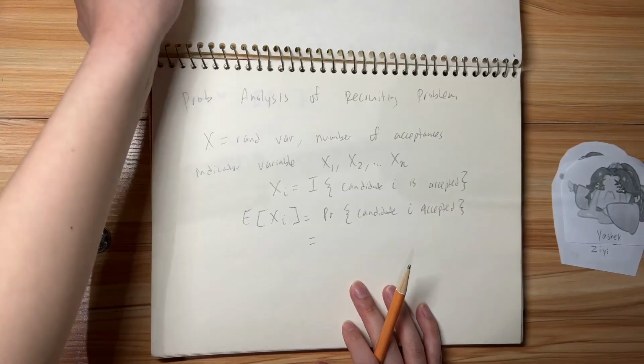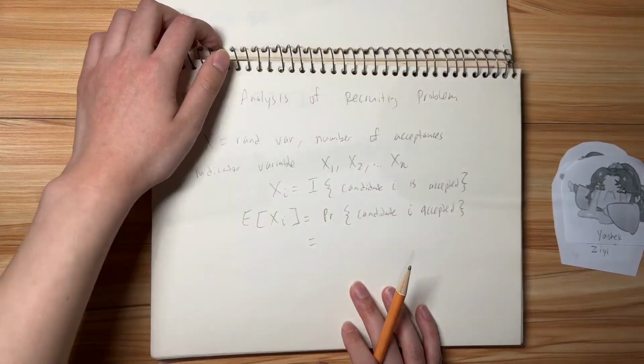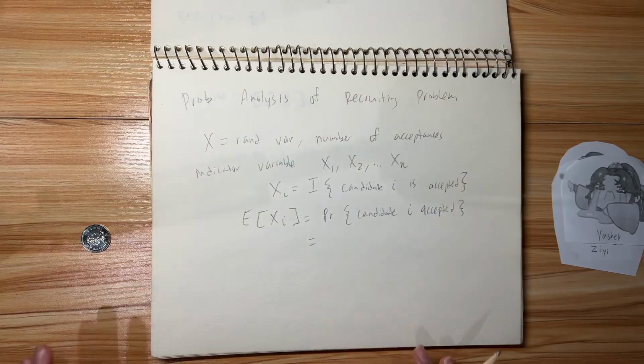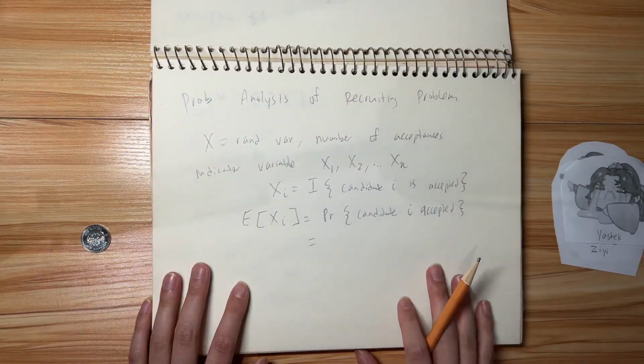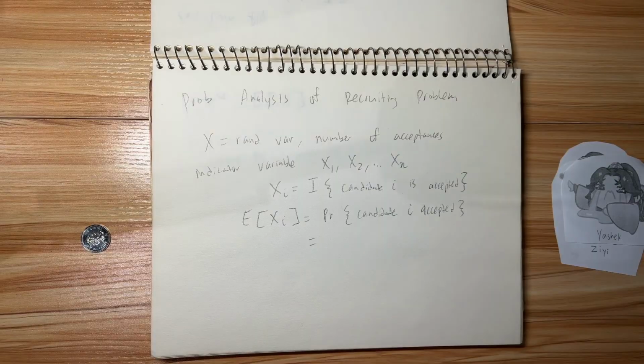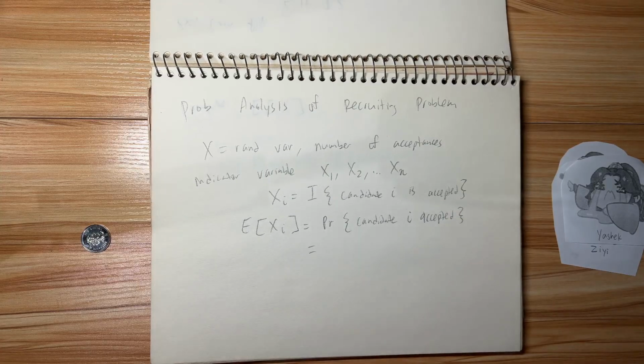All right, now let's apply this analysis to our recruiting problem. In this case, we don't know what order the village is sending us the candidates. So we can make the assumption that everyone is in random order.